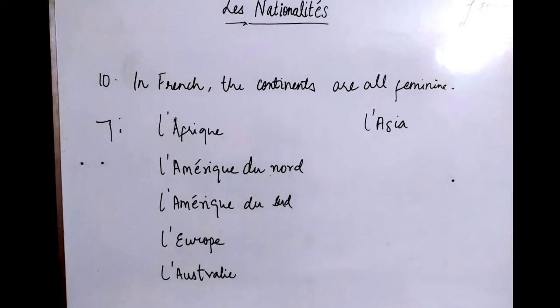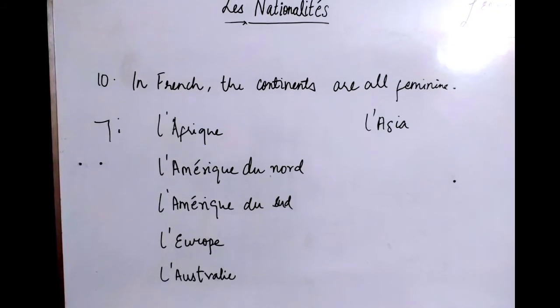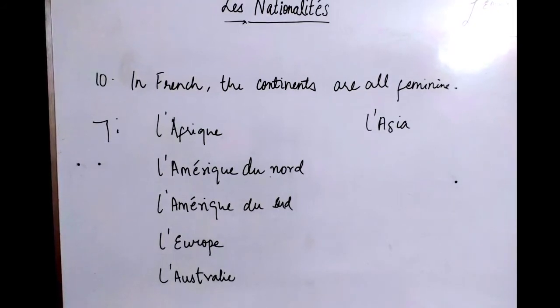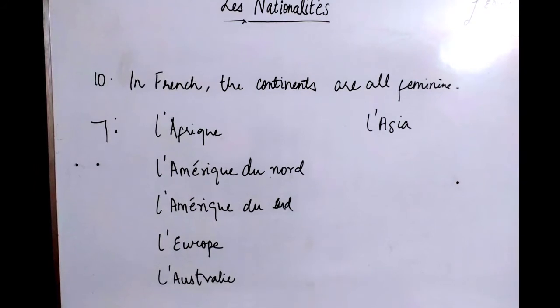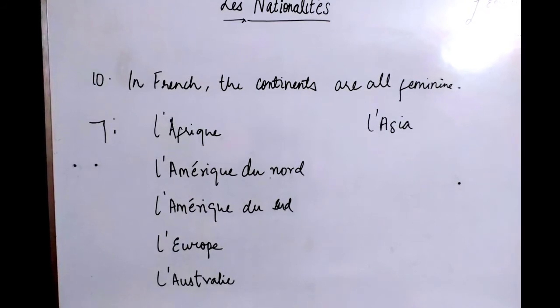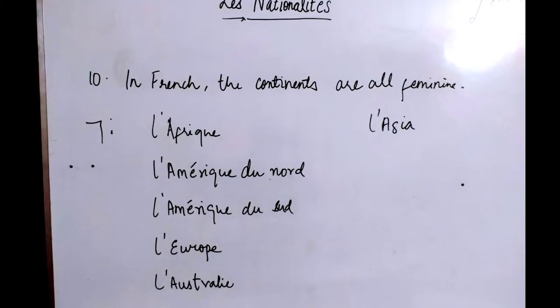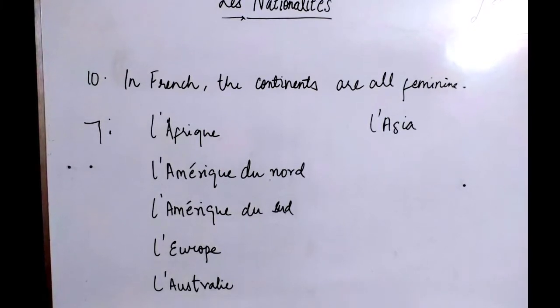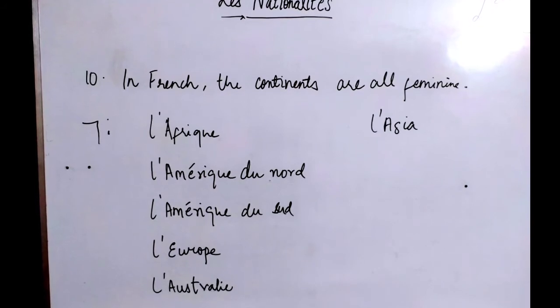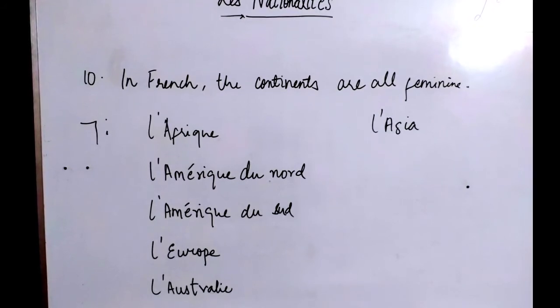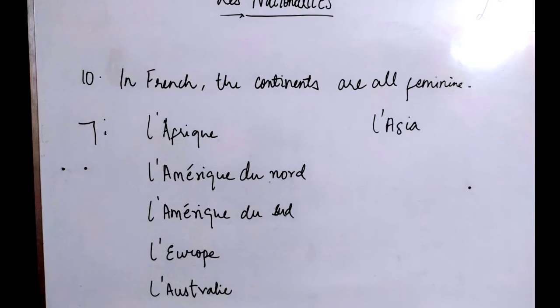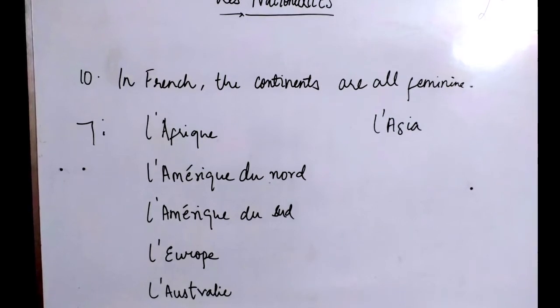L'Amérique du Sud, this is South America. L'Europe, Europe. L'Australie, this is Australia. Now I believe you guys must be wondering, because Australia is a continent and a country. So this is feminine. Okay. Now another one is L'Asie.